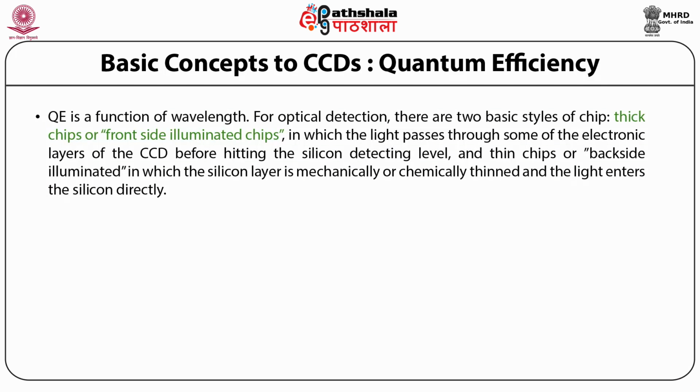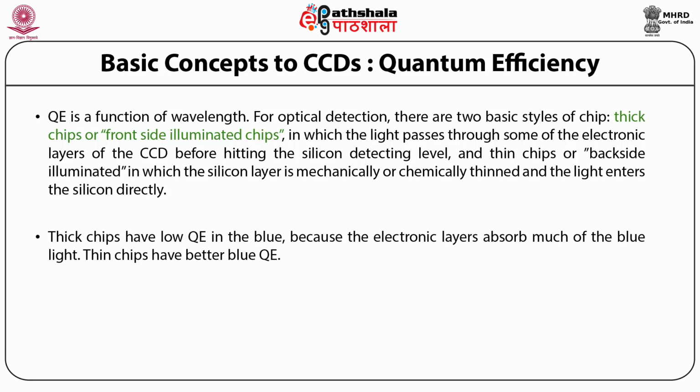Quantum efficiency is actually a function of wavelength. For optical detection, there are two basic styles of chips: thick chips, or front side illuminated chips, in which the light passes through some of the electronic layers of the CCD before hitting the silicon detecting layer, and thin chips, or backside illuminated chips, in which the silicon layer is mechanically or chemically thinned and the light enters the silicon directly.